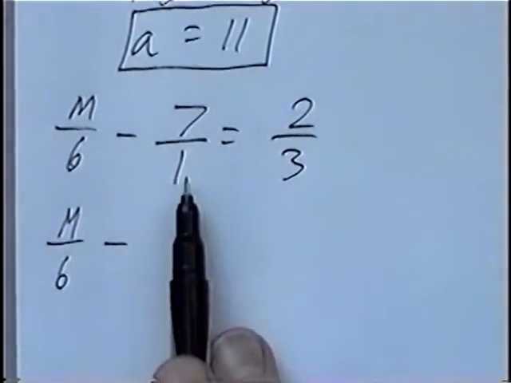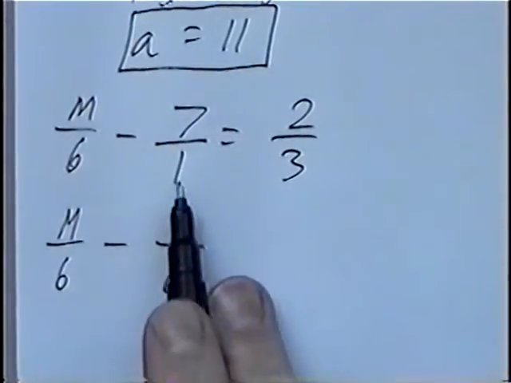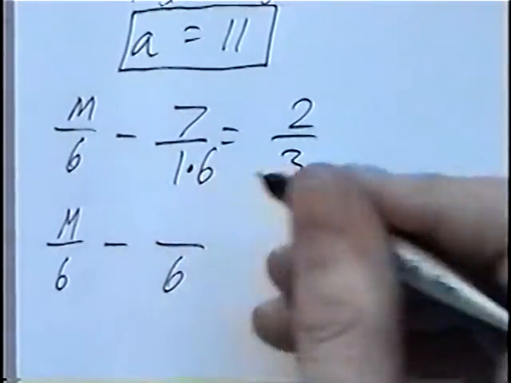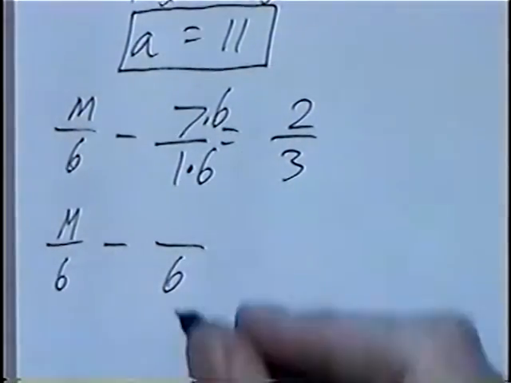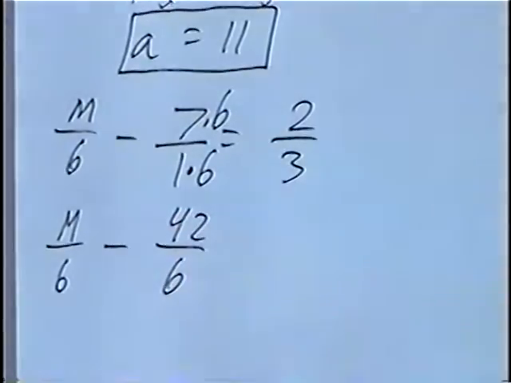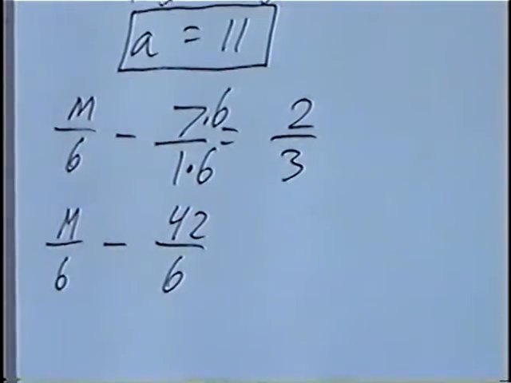The second fraction, 7 over 1, we want to change that so it's over 6. So we can multiply the denominator and numerator by 6. So 1 times 6 would be 6, and 7 times 6 would be 42. So 7 over 1 we can change to 42 over 6.